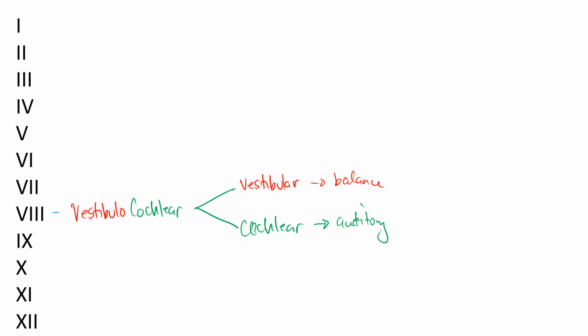Of course, some of this auditory impulse will be routed to your inferior colliculi in your midbrain, remember, and then to your auditory cortex. If it's language, it's going to be routed to your Wernicke area, sensory speech. Okay, so basically that's it, vestibulocochlear.